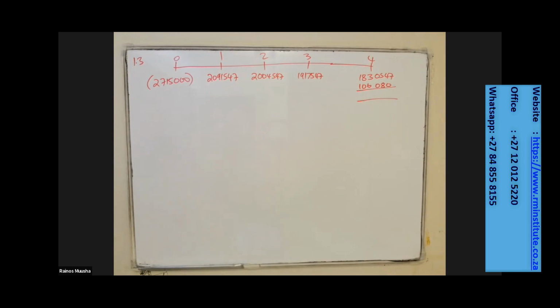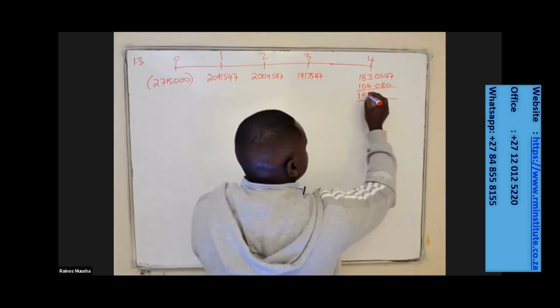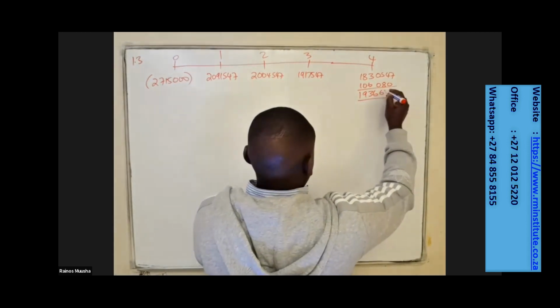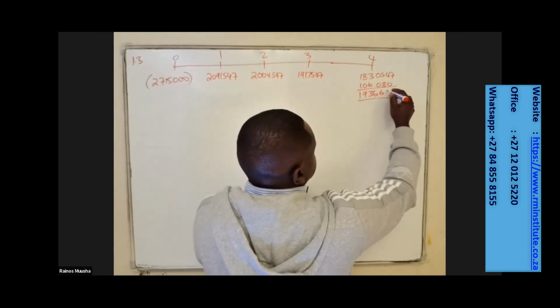So for year 4, the total cash flow becomes 1,936,627.